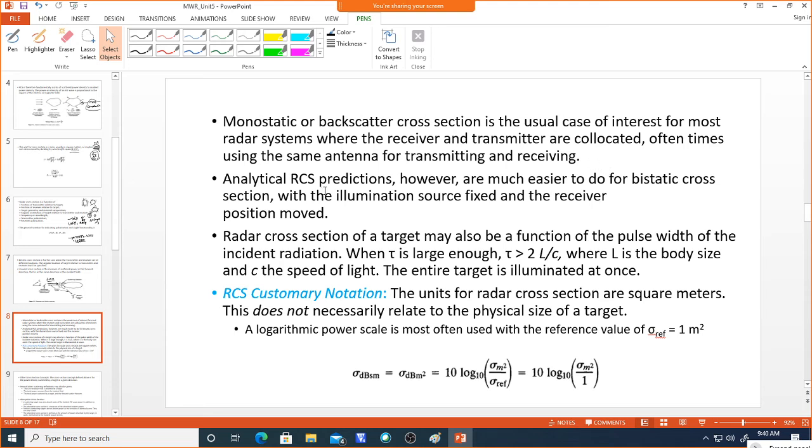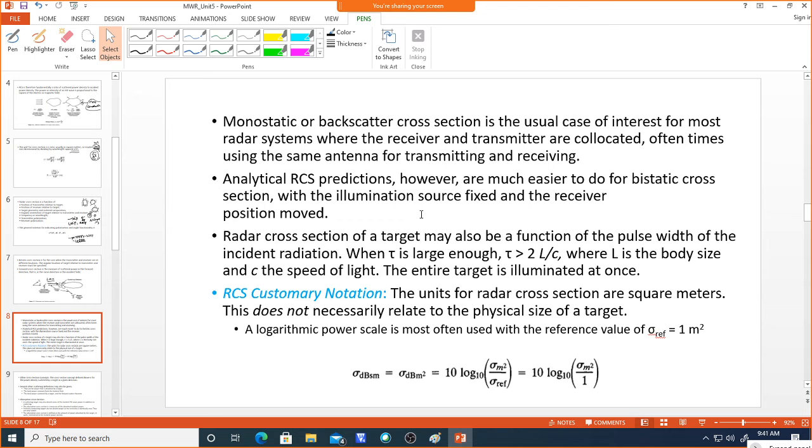In the general analytical case of RCS predictions, it is easier to do for bistatic cross section, with the illumination source fixed and the receiver position moved. In some applications we need to move the receiver. For example, if a person is inside a building, the person is fixed, but we need to measure different reflected energy from that person.